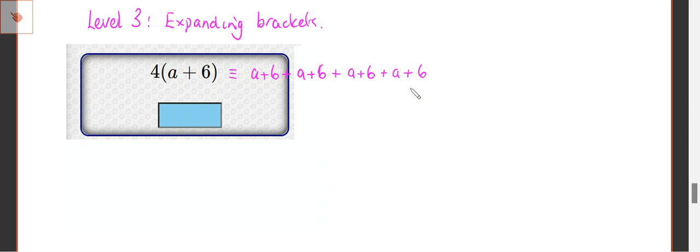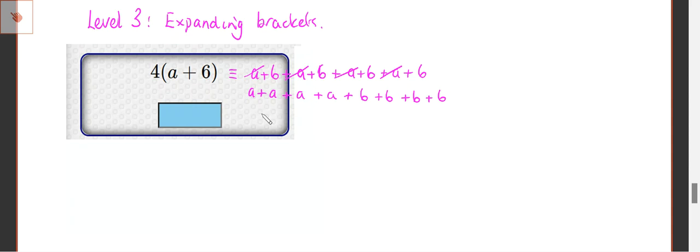Now, if we collect those together, that would be a plus a plus a plus a, that one, that one, that one, and that one, and then it's plus 6 plus 6 plus 6 plus 6.